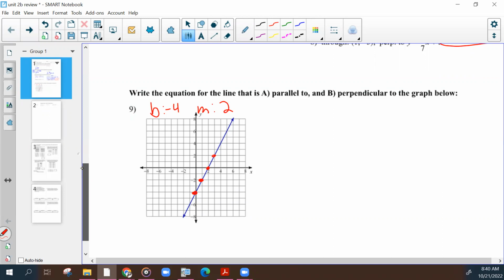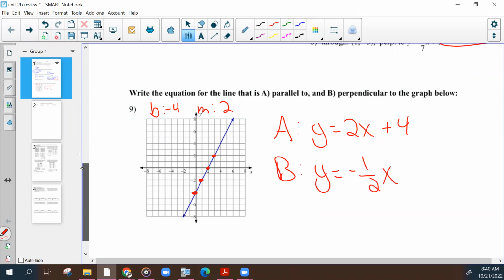So our A part will be parallel, have the same slope, just a different y-intercept. Pick whatever y-intercept you want. B, you're going to take this slope and flip it and make it negative, and put whatever y-intercept you want.